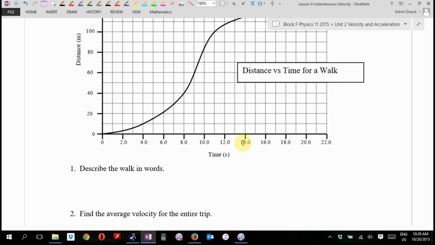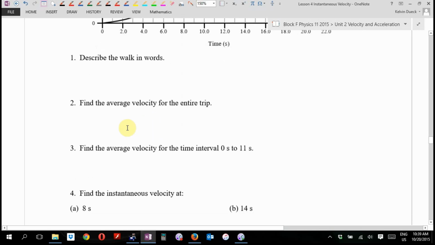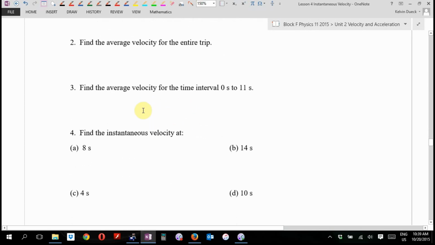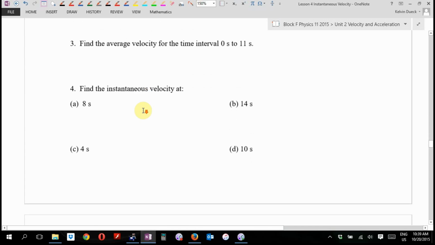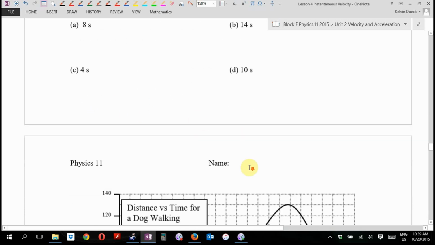Any of those changes along the way. I would argue I start out going forwards, and then you can decide, do I start to speed up, slow down, come to a stop, at rest, or whatever. Find the average velocity for the entire trip, average velocity between 0 and 11 seconds, and then find the instantaneous velocity at those 4 sections.